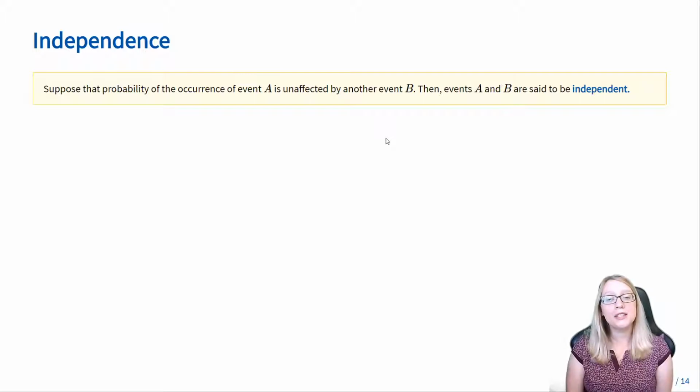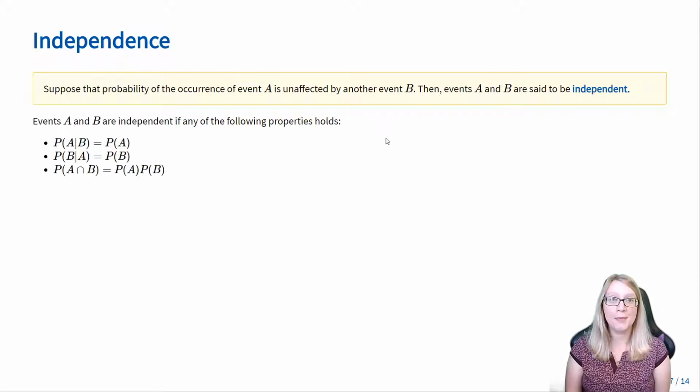Okay, so let's talk a little bit now about independence and relationships between two random events. So suppose that the probability of A and B are unrelated. A occurring does not affect whether B occurs, B occurring does not affect whether A occurs. If this is true, we say that events A and B are independent.